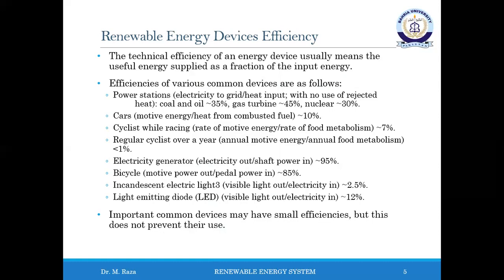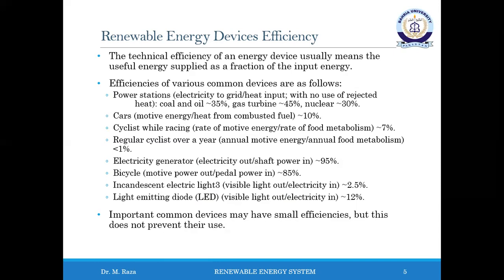The cyclist while racing has approximately 7% efficiency. This efficiency is based on the rate of motivation energy against the rate of food metabolism. A regular cyclist over a year may have less than 1% efficiency.